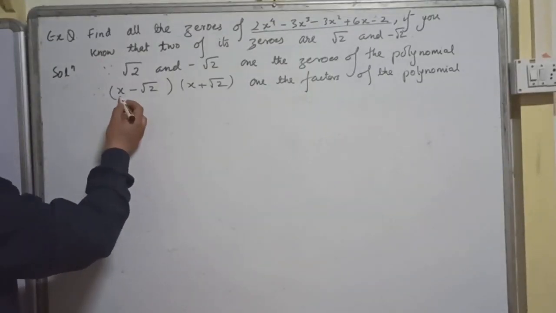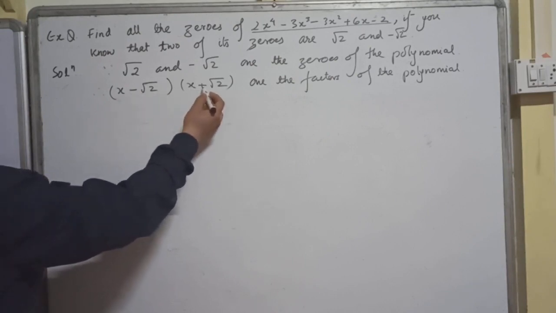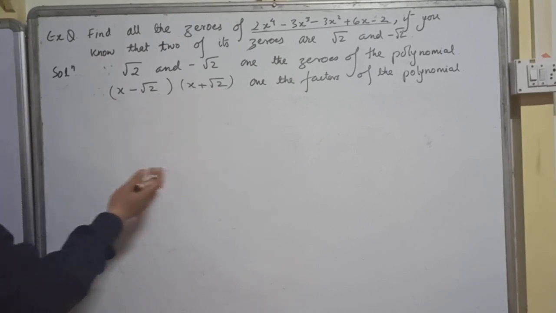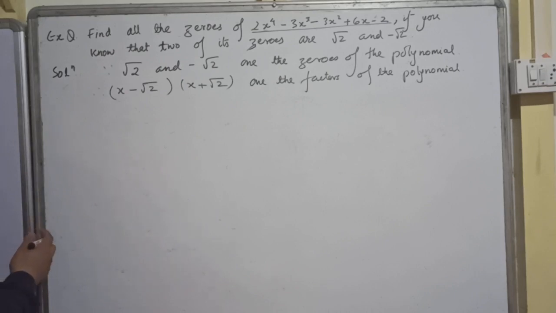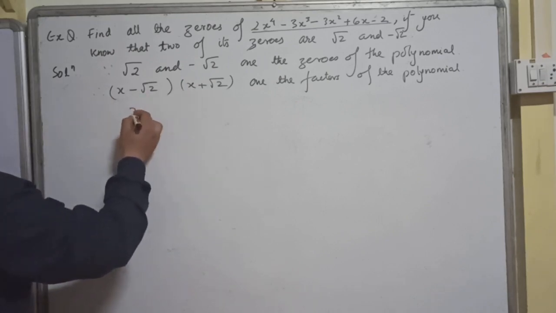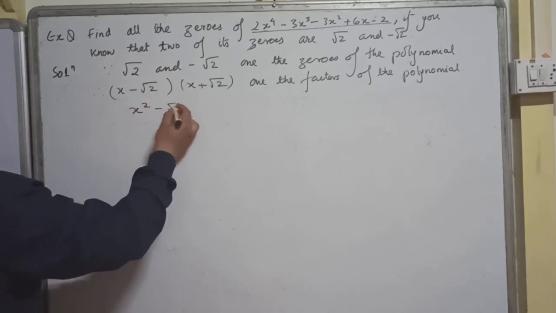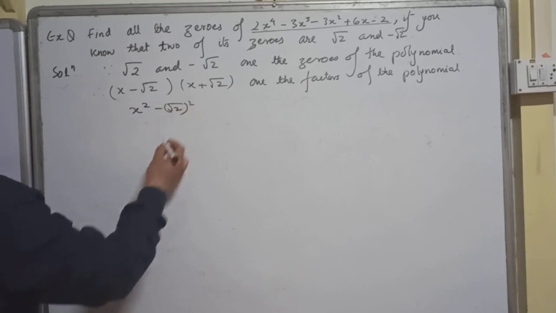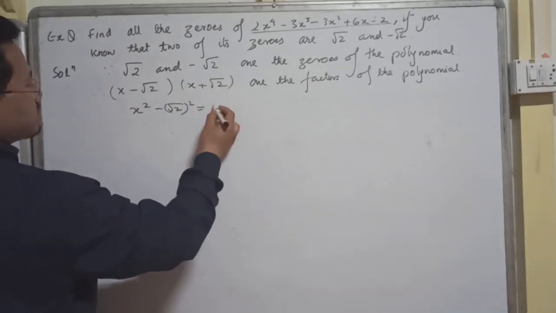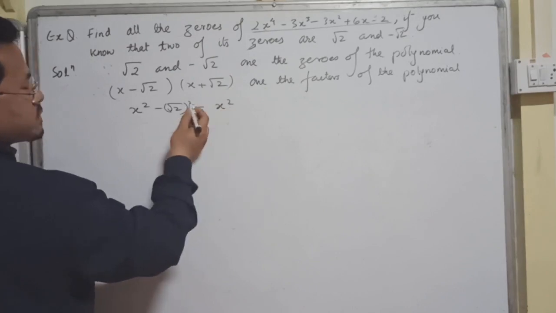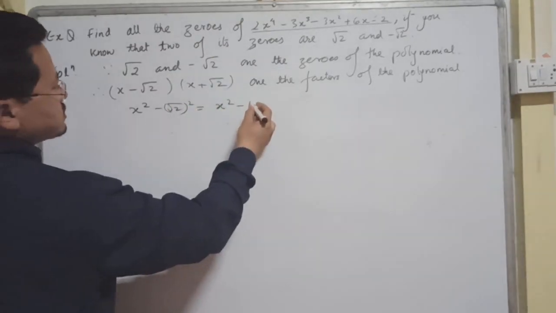Now we know that this is similar to (a minus b)(a plus b), which is nothing but a squared minus b squared. So we can write this as x squared minus 2, since the square of root 2 becomes 2 only.